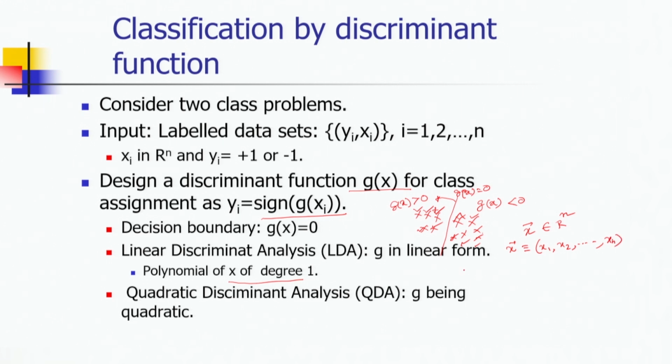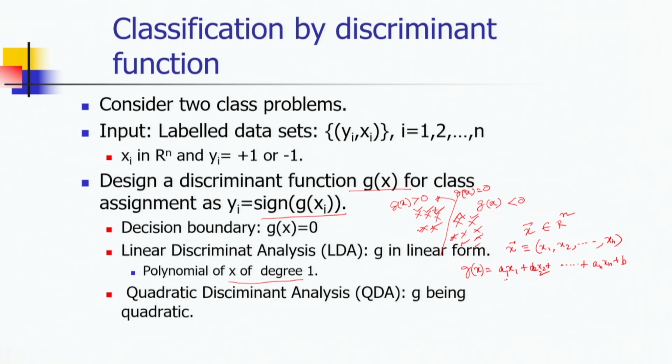So g(x) can be written as a1x1 plus a2x2 plus and so on up to anxn, using the suffix to denote the differences, and then there is a constant. This is the linear discriminant functional form. Now when you have a quadratic discriminant function, you have quadratic terms.